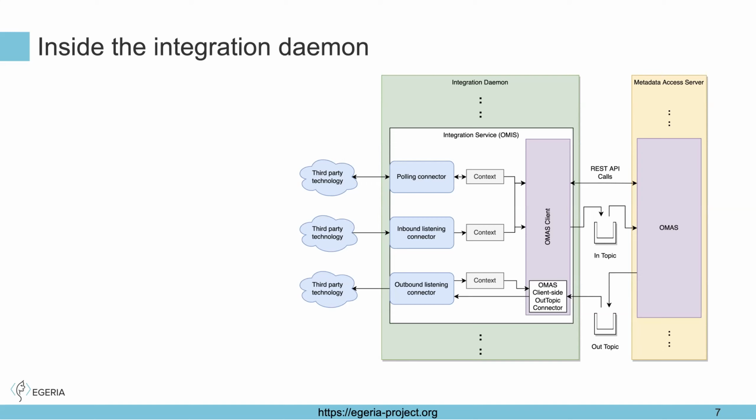And if you think about what it's doing, it's sitting in the middle and it's trying to create consistency between what we have stored in open metadata in Egeria and what is stored in the technology that it's connected to. And there's always a priority. So if, for example, we think of a database, the only technology that owns the definition of the structure of that database is the database.